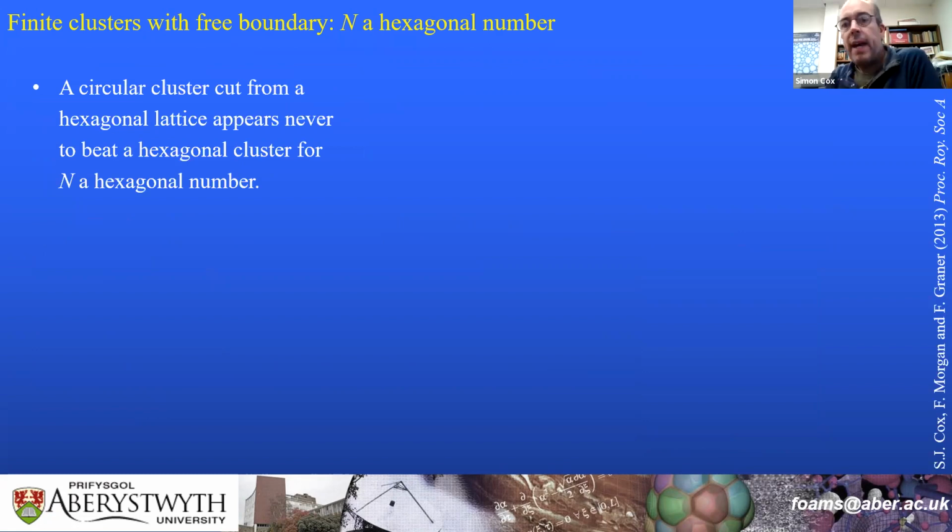We tried to compare different ways of making these large clusters, and we went all the way up to over 100,000 bubbles, and a circular cluster is never better than something with the symmetry that Rob likes.